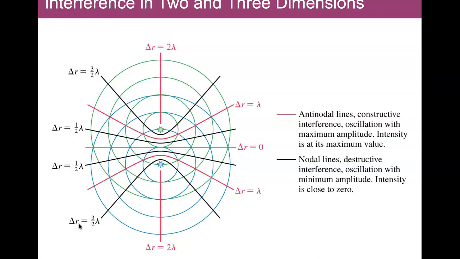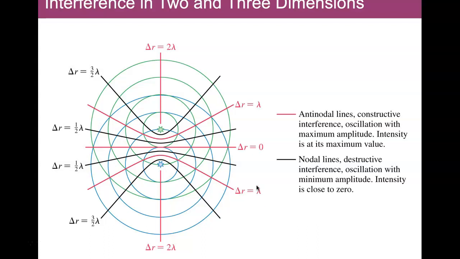Again, we can construct a whole bunch of those points and connect them, right? We can find all the places where two crests overlap, like here, here, here, here, here, here, and to each of them assign the value of delta R, and the ones that have the same delta R, we connect them with these lines.